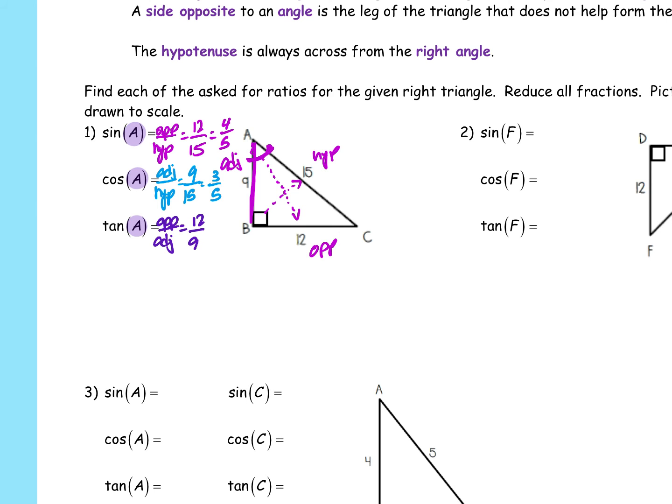My adjacent side is 9. 3 still goes into them. So this would be 4/3. And that's all we're doing, finding that relationship. Okay. So we'll look at the next set when you guys are ready.